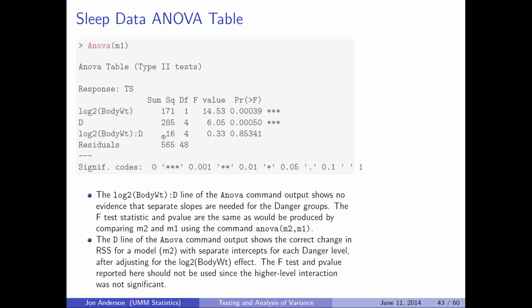It shows only a small change in sum of squares and a very big p-value for this F-test, and there is really no evidence here to suggest that we need separate slopes for the different danger groupings, which would suggest something like model 2 looks like it's just about as good as model 1. We don't need the extra, separate slope structure for this model.